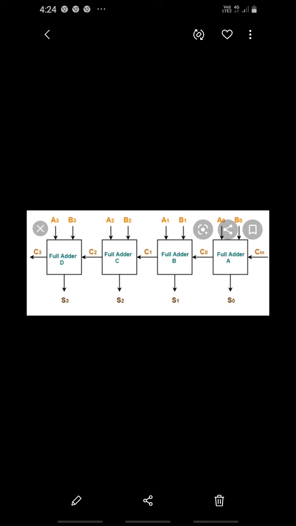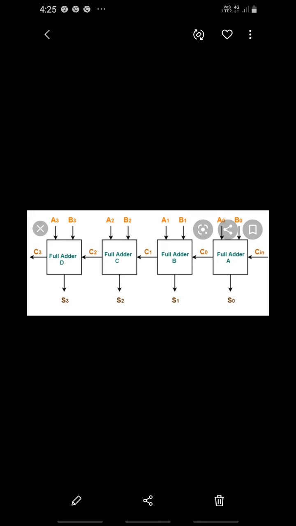Here A3, A2, A1, A0 and B3, B2, B1, B0 are the two binary numbers to be added. In the given numbers A3 and B3 are the MSB and A0 and B0 are the LSB.